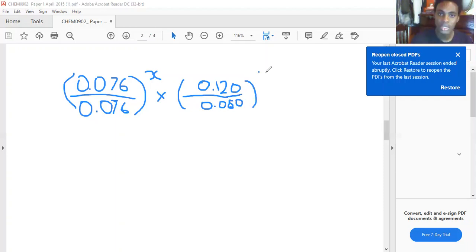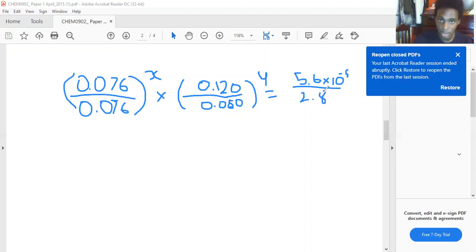So then you have the y right there equals to 2.5, equals to 5.6 exponential to the power of -5 to be specific, and then you have 2.8 exponential to the power of -5.